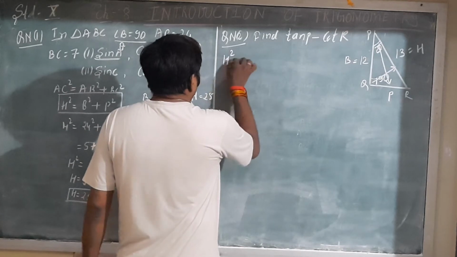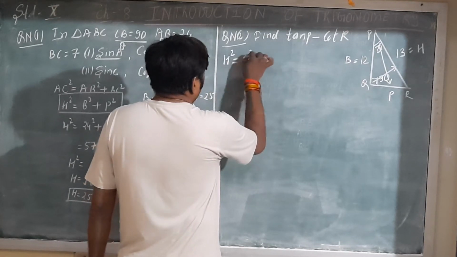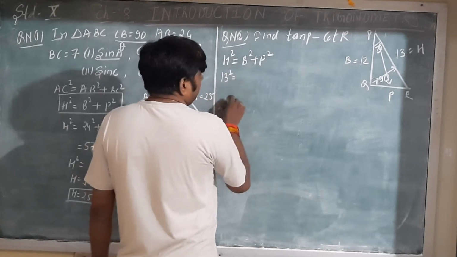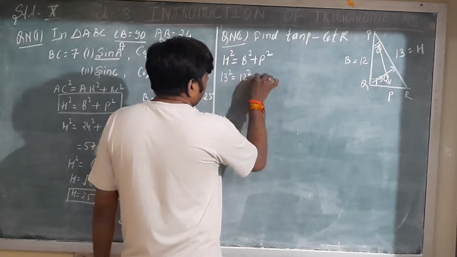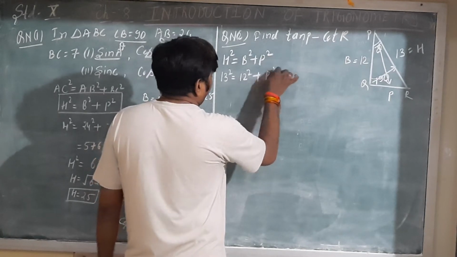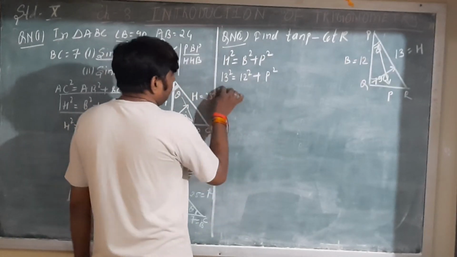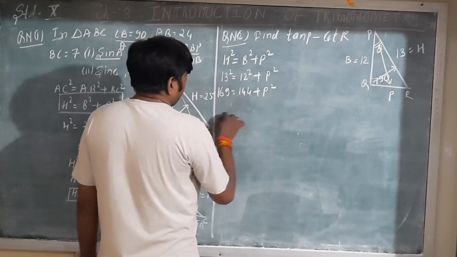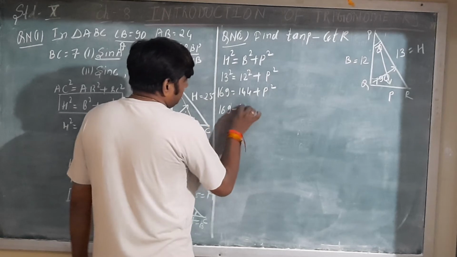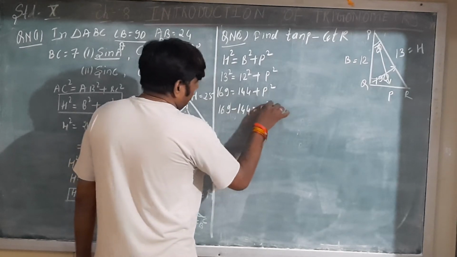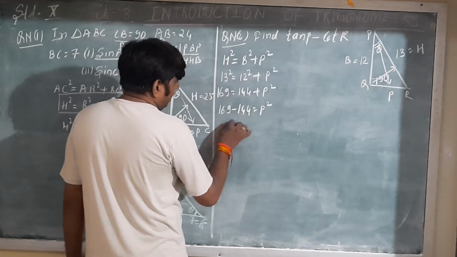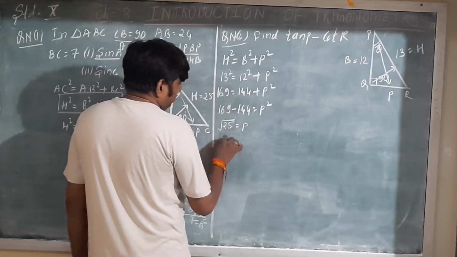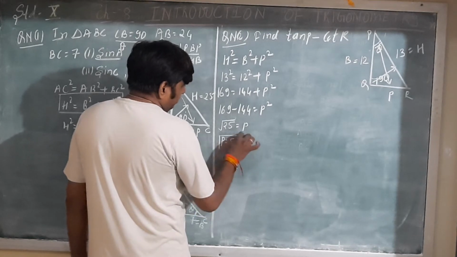Use this formula, H square equals B square plus P square. H is given as 13, B is given as 12, and we find P. So 13 square is 169, 12 square is 144, plus P square. 169 minus 144 gives P square equals 25, and the root of 25 is 5.